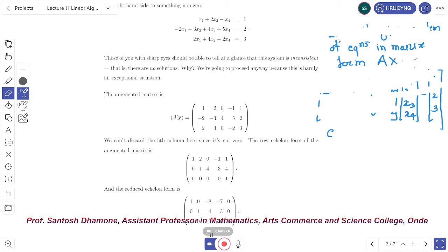Consider the augmented matrix [A | y], equal to the matrix with rows 1, 2, 0, minus 1, 1; minus 2, minus 3, 4, 5, 2; 2, 4, 0, minus 2, and 3.